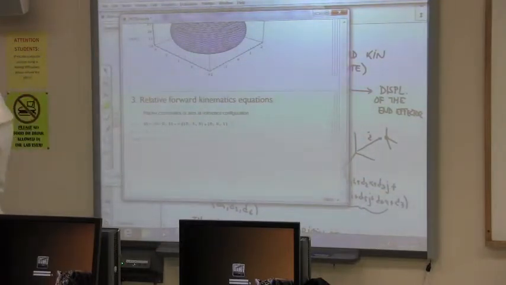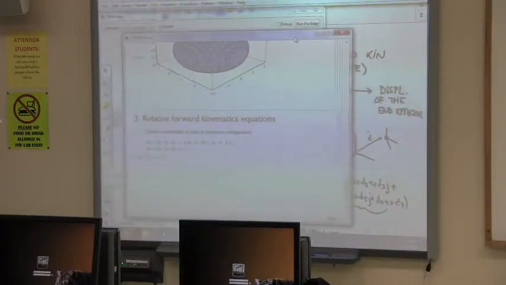Now I can put S2 right after. S2 will be equal to 1, 0, 0, right? It was in the x direction. And what is the point on the line? Line 1? You guys have that? No?